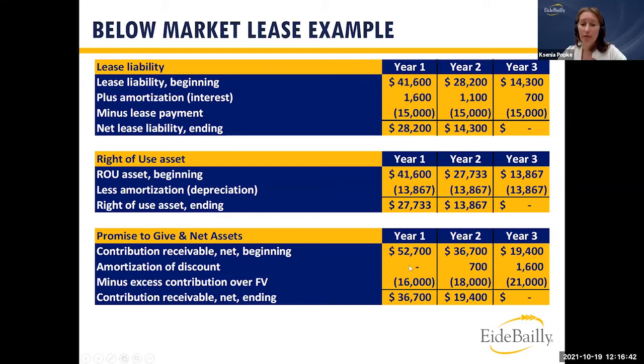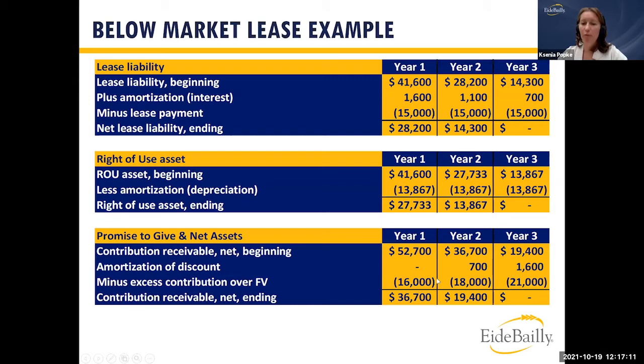For the promise to give side, again, there is no amortization in year one, and that is specific in the standards, that you do not discount promise to give payments that are supposed to come in the next year. And so there is no amortization in year one, but there is amortization of discounts in both year two and year three, with the actual consideration that's above the cash payment.